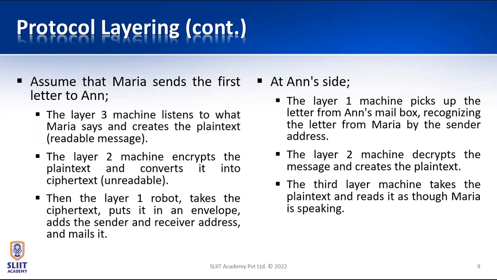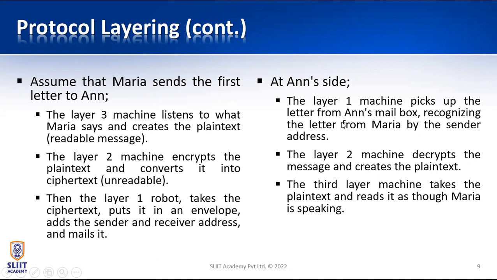So the recipient's address will give some idea of who the receiver is. In this first layer machine, it will read the message, read the recipient's address and identify who the receiver is. So recognizing the letter from Maria by the sender's address: if you have the sender's address, you can recognize who the sender is as well.